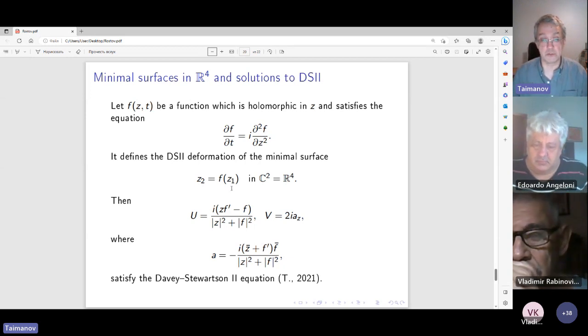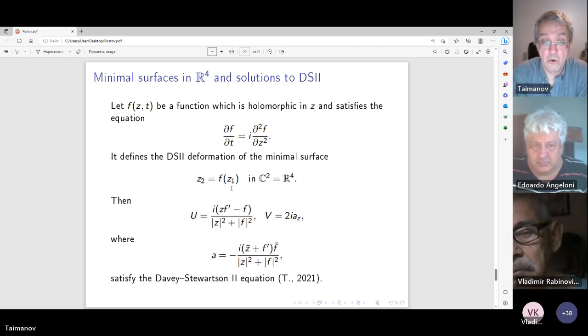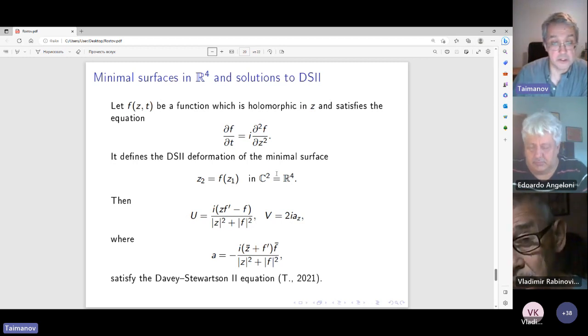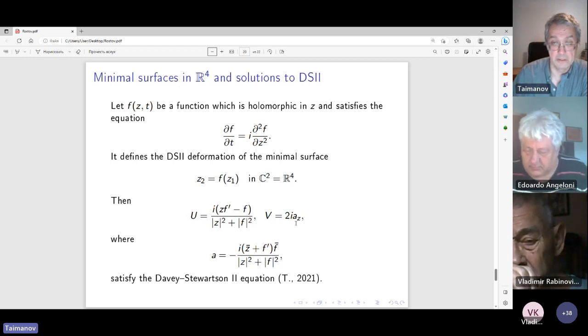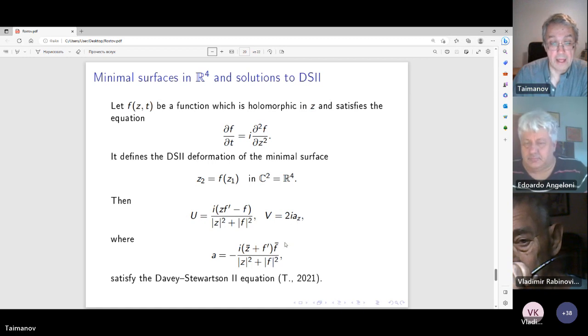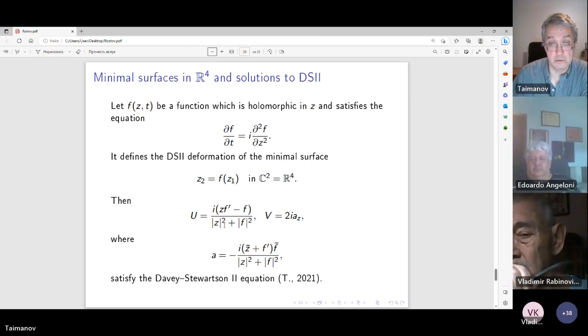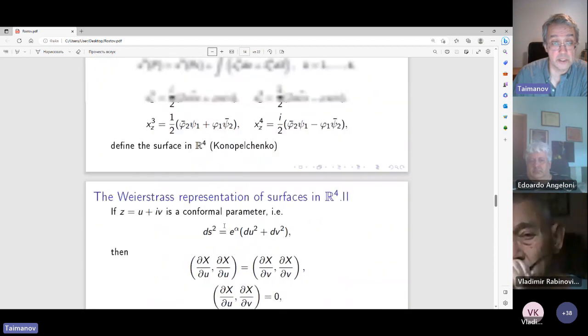That would be a minimal surface, even a superminimal surface in R4. This is the simplest class of superminimal surfaces. Then take U equals i (z f prime minus f) over z squared plus squared norm, P equals 2i A over z, where A takes this form, and U satisfies the Davey-Stewartson equation. You see that's very similar to what I had written before.